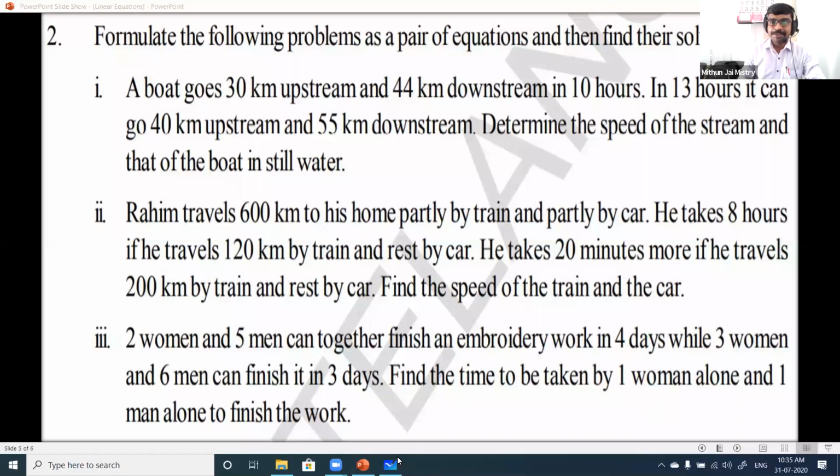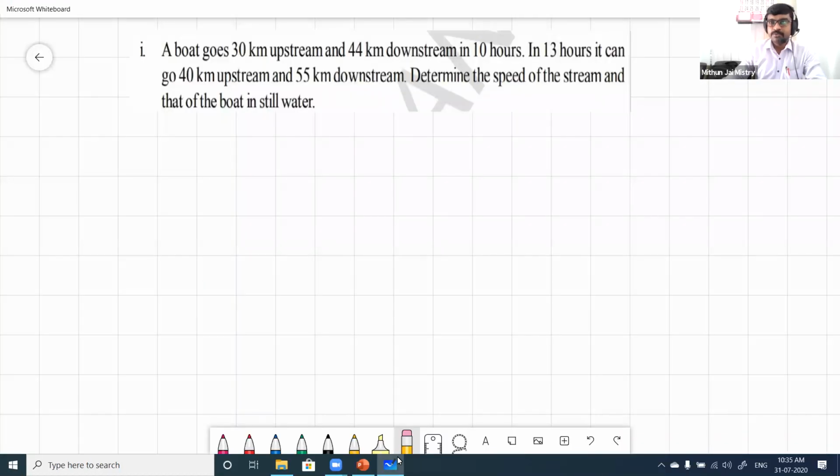See, beta, this is the question here. A boat goes 30 kilometer upstream. Now, what do you mean by upstream and downstream? First, let me write those two things here. Upstream and downstream.